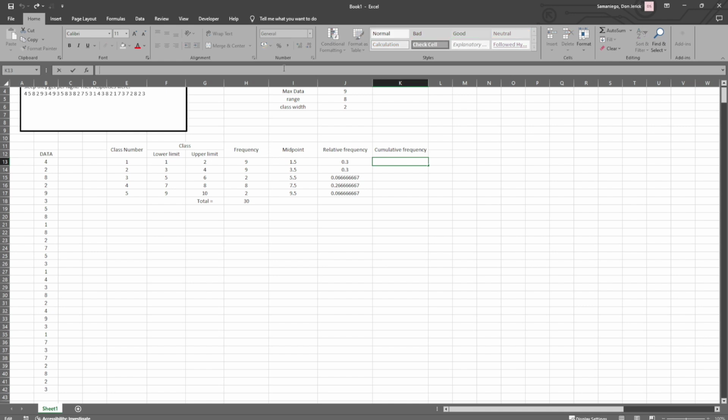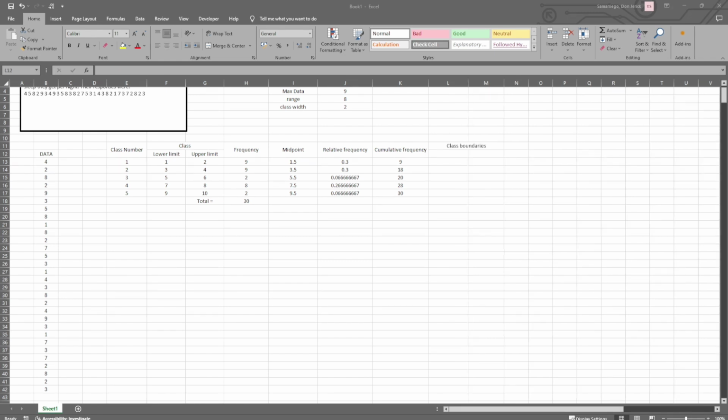Cumulative frequency is equal to the first row frequency, and the second row is equal to the first row plus the second row of the frequency, and spread.